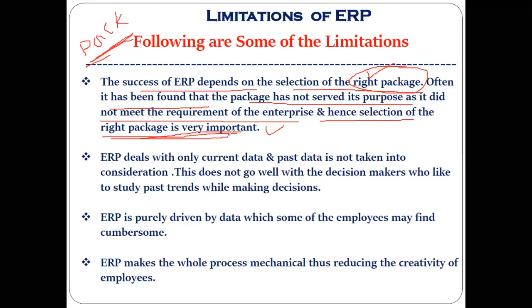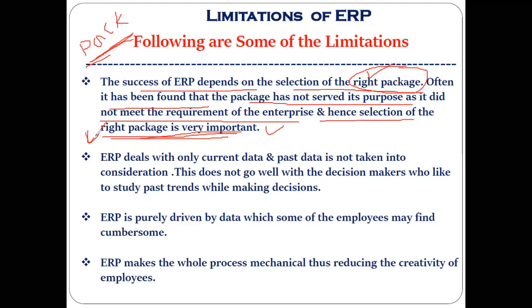If the right package is not selected by the company, then we cannot get the advantages from that ERP, or that ERP cannot satisfy the requirement of that particular enterprise or business. And that is why this right package selection of the ERP is put in the limitations.